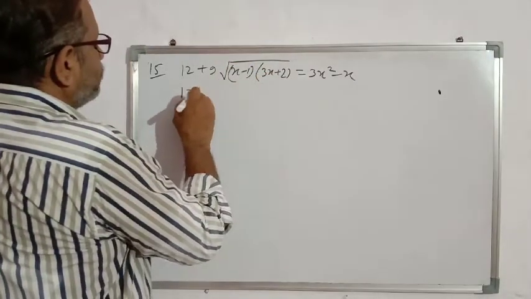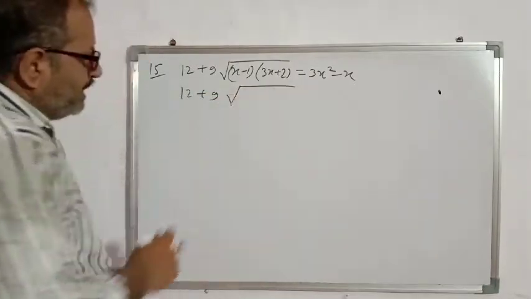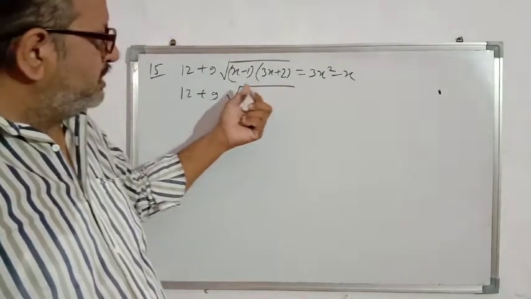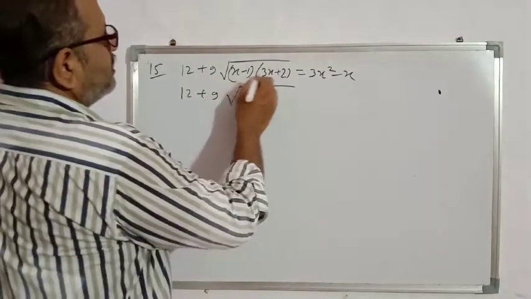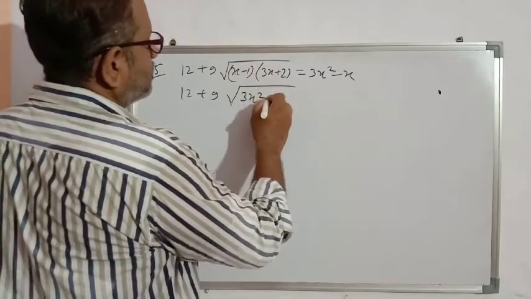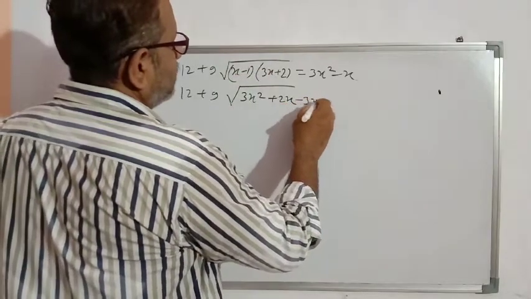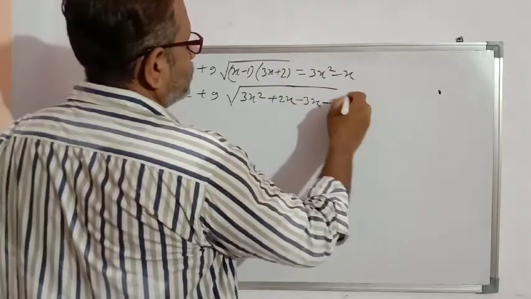We have to write it in the standard form of a quadratic equation. It is not given in the standard form, so multiply these two brackets. x into 3x is 3x square, x into 2 is 2x, minus 1 into 3x is minus 3x, minus 1 into plus 2 is minus 2.